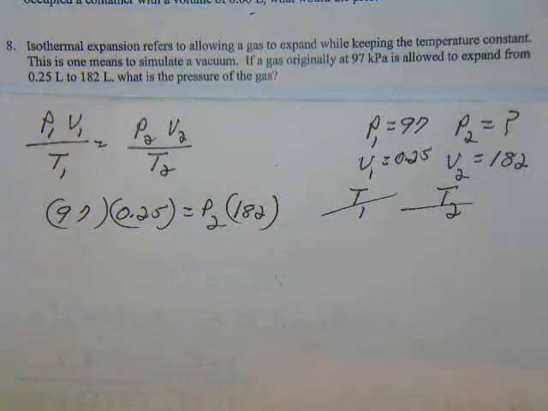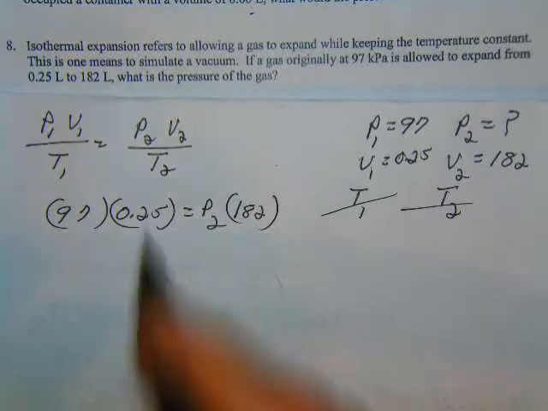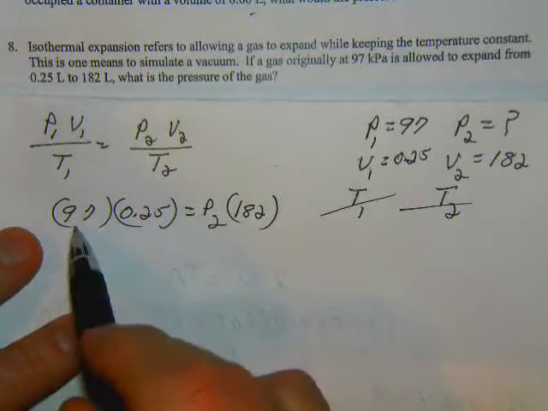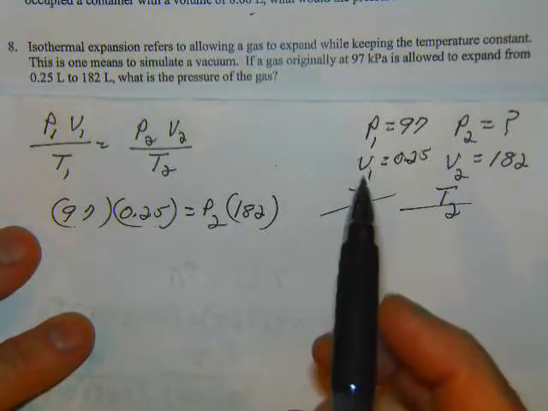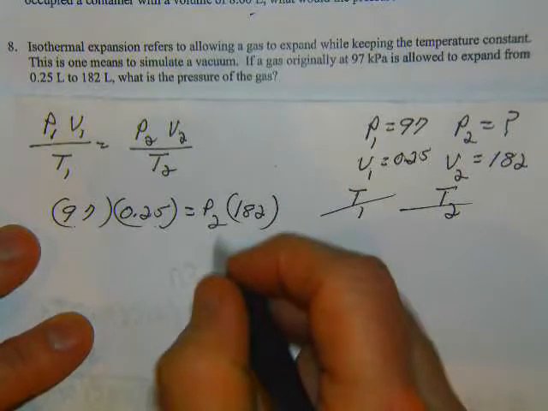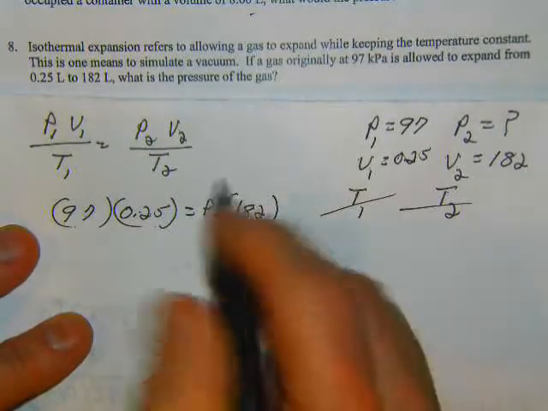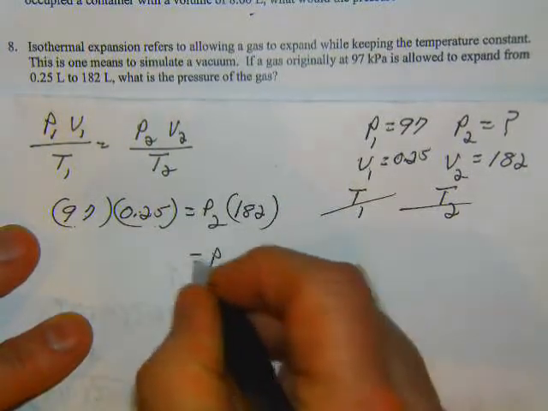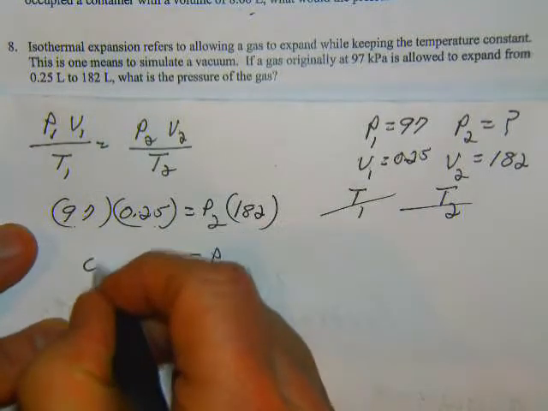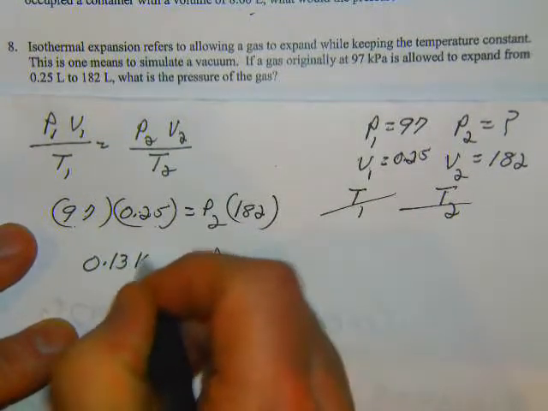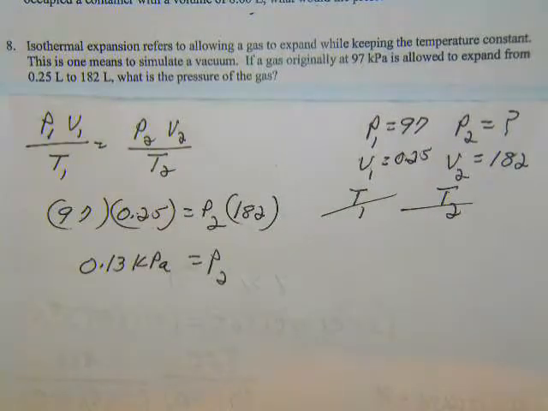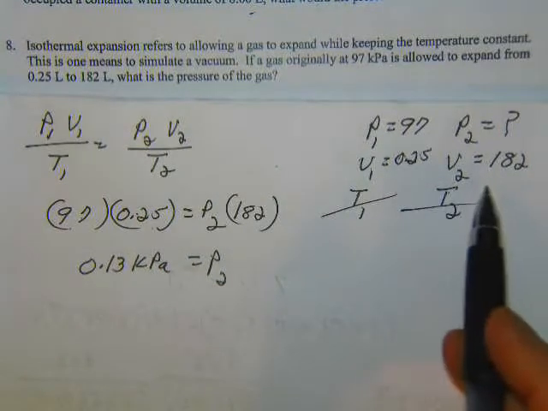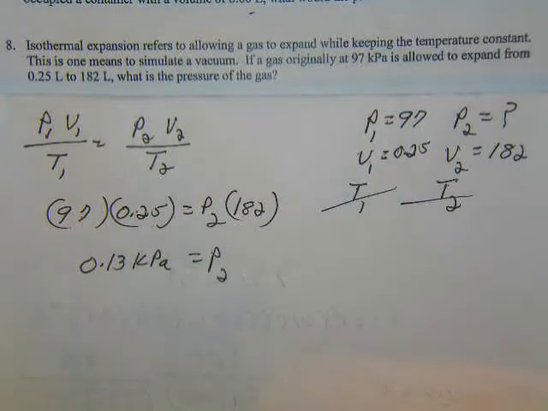If we're keeping temperature constant, we would expect the pressure to fall off. Let's look at sig figs here. We got 2, 2, and 3, so our answer will have 2. So multiply these two, divide by that. P2 equals 0.13 kPa. And it makes sense because we're increasing to a larger and larger volume.